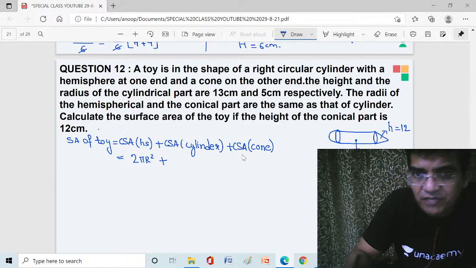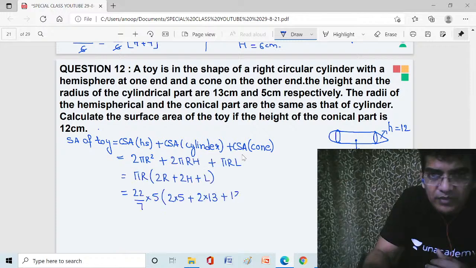Now within this, 2r, so 2 into 5, plus 2h, so 2 into 13, plus the slant height that we have calculated, 13. So this is coming 22 by 7 into 5, and within the bracket this is 10 plus 26 plus 13. So that makes it 22 upon 7 into 5 into 49.